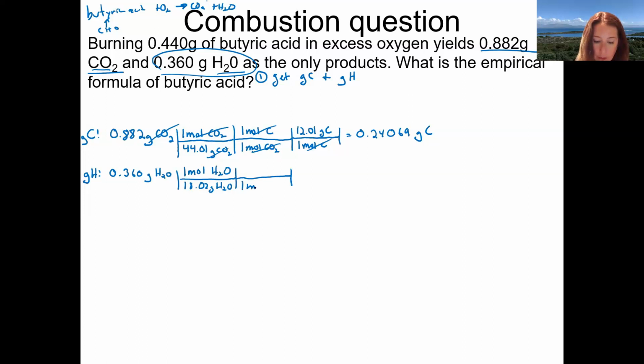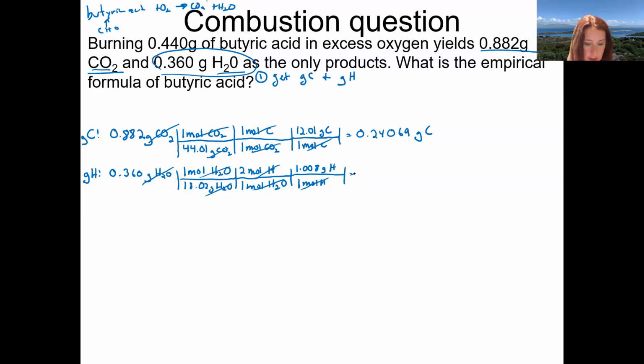In 1 mole of water, there's 2 moles of hydrogen because there are 2 hydrogens. And then in 1 mole of hydrogen, there's 1.008 grams of hydrogen. Grams, moles, moles, because we need to get to grams of H and grams of C.